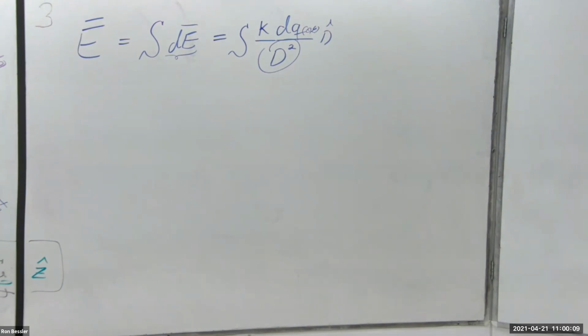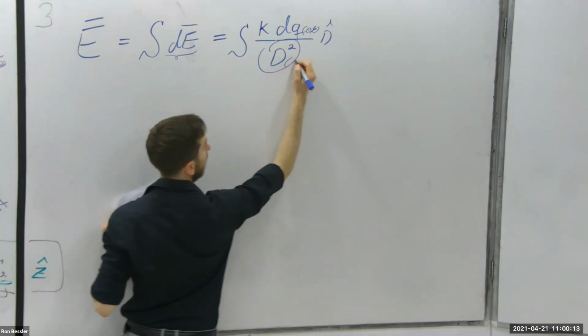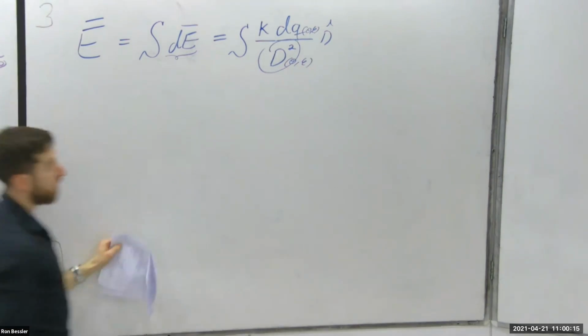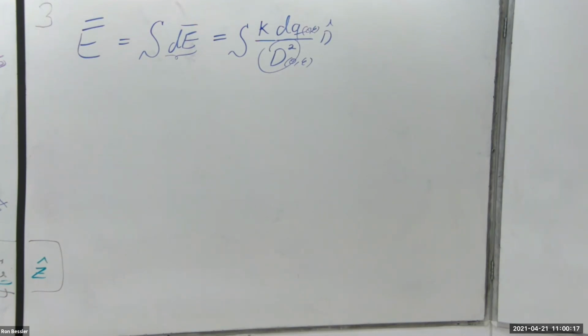This is where the charge is located. And also d is a function of phi and theta, because this one has a different distance, and this one has a different distance. Agree? Perfect.